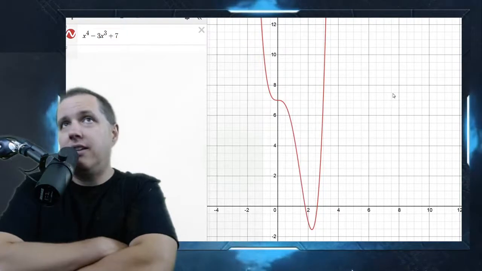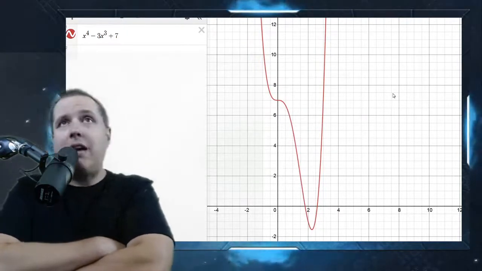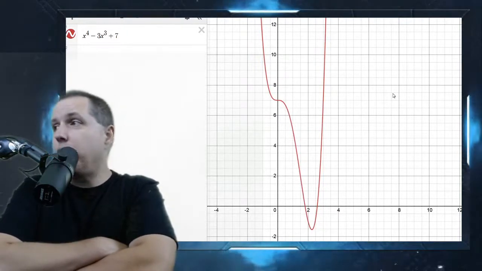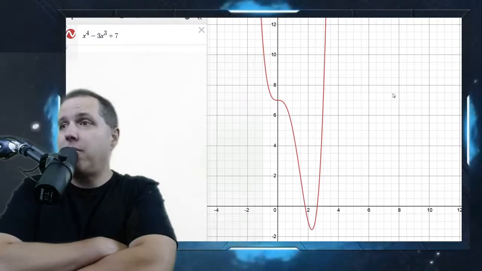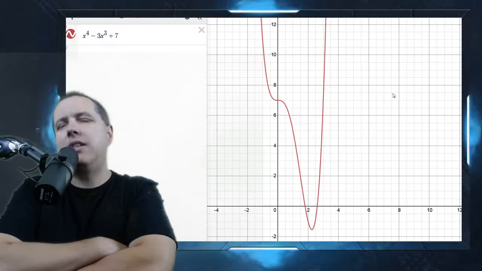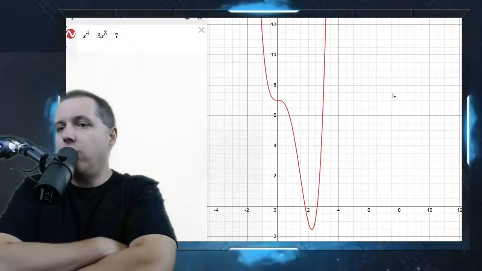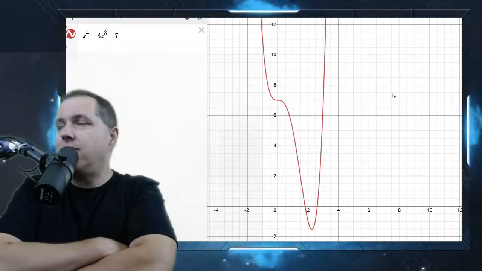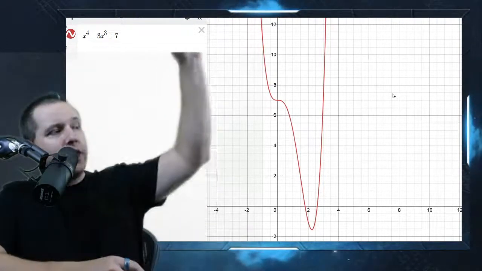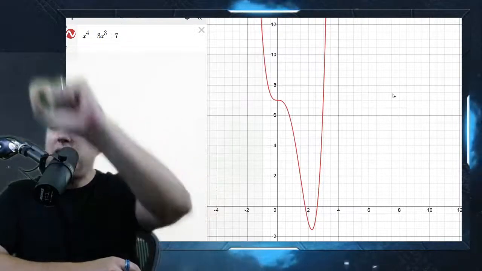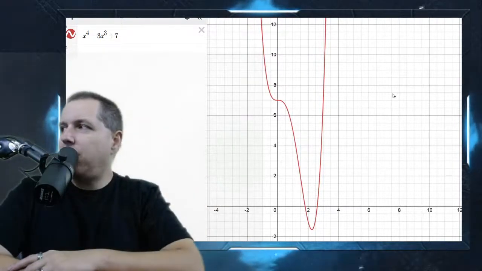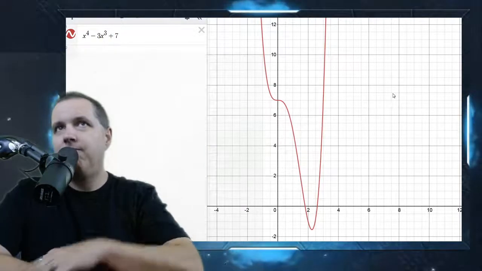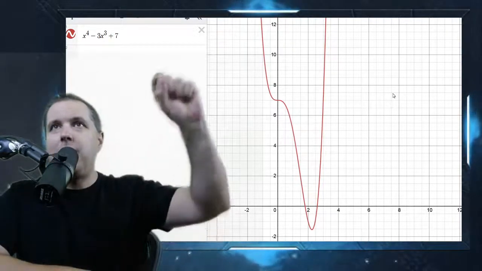Continuous, continuity. This graph does not have any holes in it. There are no breaks. There are no jumps. Remember we looked at piecewise functions a little while ago. There are no weird jumps or breaks or discontinuities of any kind. You could draw this whole thing without lifting your pencil off the paper. That's our real loose way of thinking about this idea of continuity. Can you draw it without lifting your pencil up?